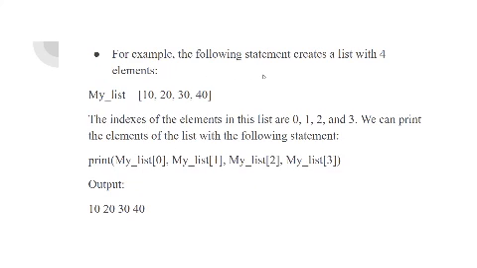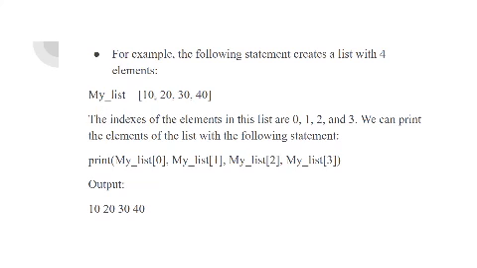For example, the following statement creates a list with 4 elements. Here in the example, my_list is equal to 10, 20, 30, 40. The indexes of the elements in this list are 0, 1, 2, and 3. We can print the elements of the list with the following statements.